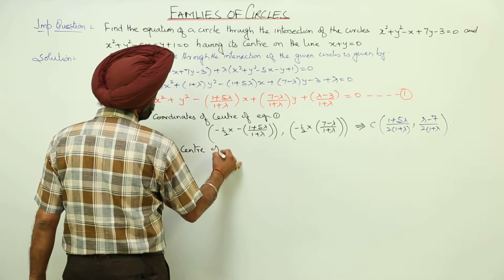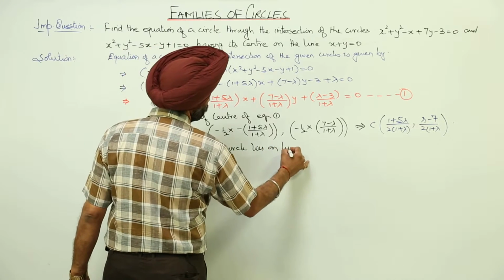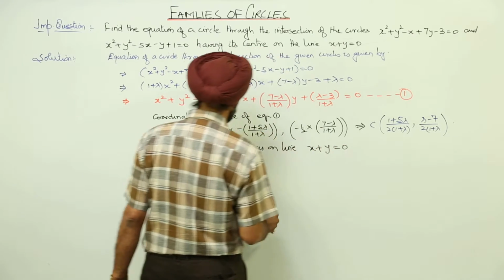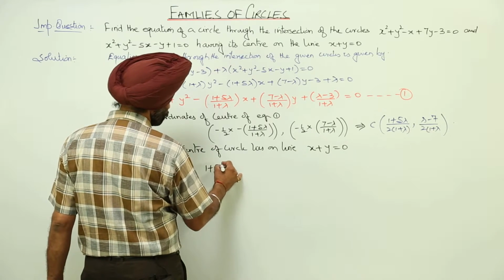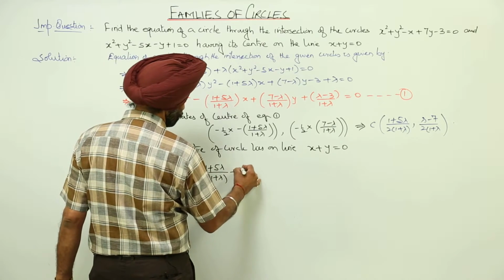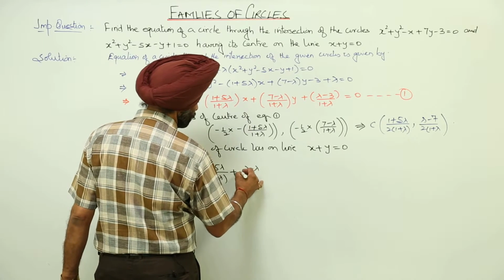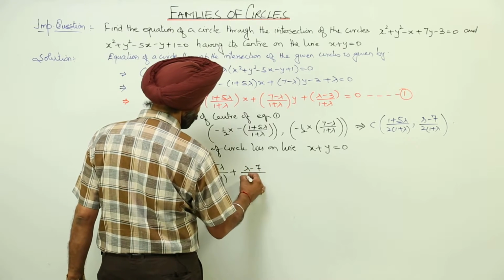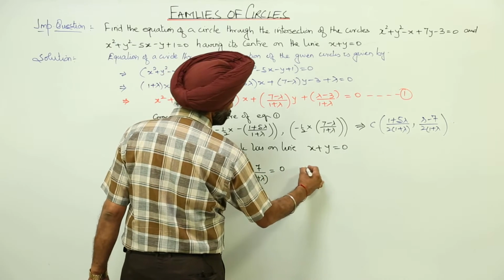Since center of circle lies on line x plus y is equal to 0, therefore (1 plus 5 lambda) upon twice of (1 plus lambda) plus (lambda minus 7) upon twice of (1 plus lambda) is equal to 0.